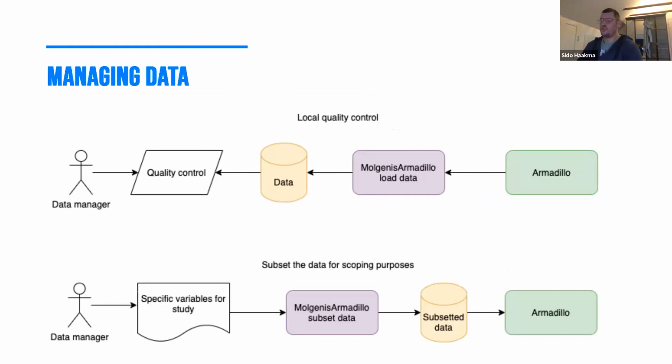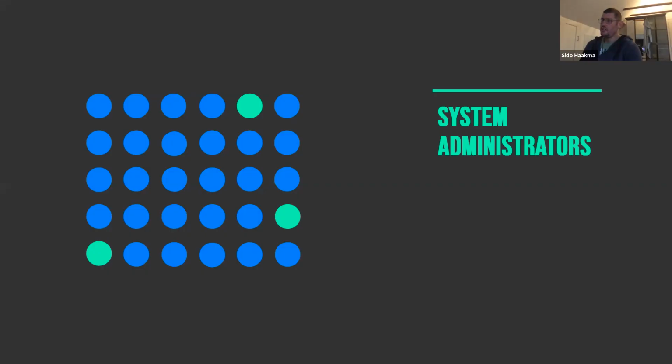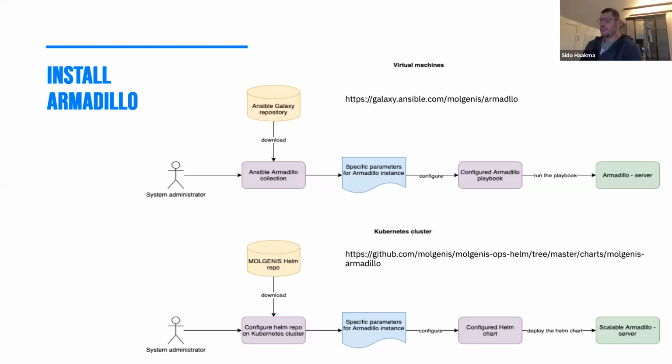So if you want to create a view in terms of Opal, you can select certain variables from the initially uploaded set, and say, well, this is specifically for, for example, Johan Vinther, for his study. He needs these variables, and you specify the variables and it creates a subset on the Armadillo, and you can give permissions on that subset. So that's how data managers use the system.